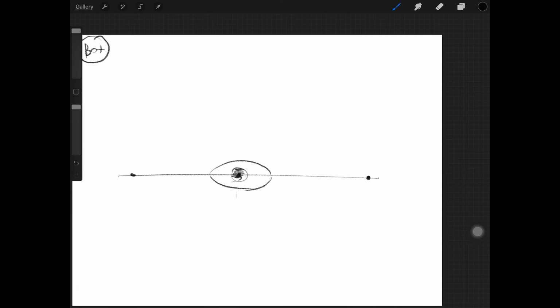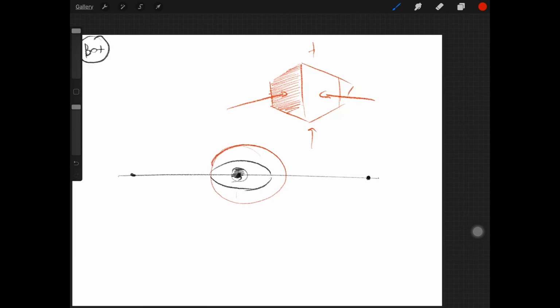Let's see. Your box will look like this. Something like that. You will see both these sides, but not the upper or below, because you are at the center of the horizon line and the box is here. This is how I made this box.